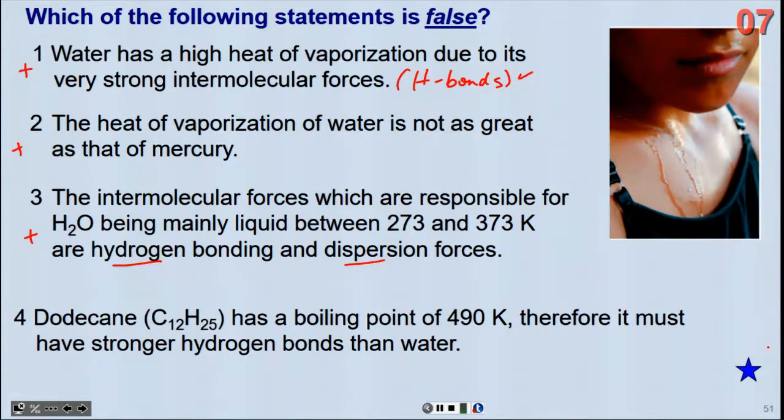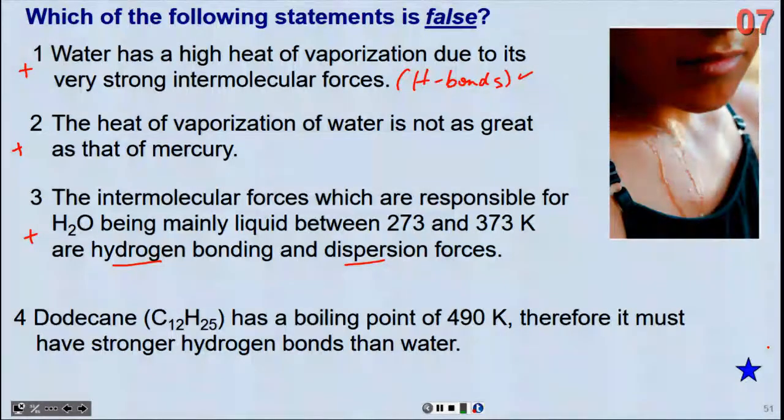Dodecane, which you don't really know much about, but you can tell that it's comprised of merely carbon and hydrogen, has a boiling point that's stated here, and the statement to evaluate says it must have stronger hydrogen bonds than water.